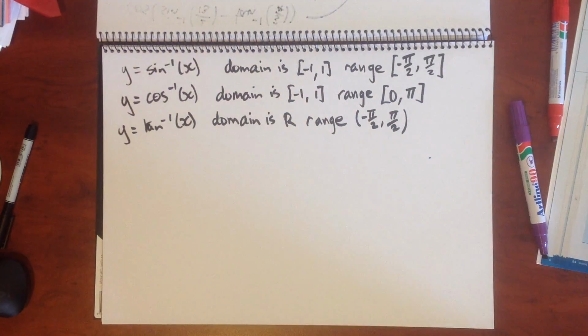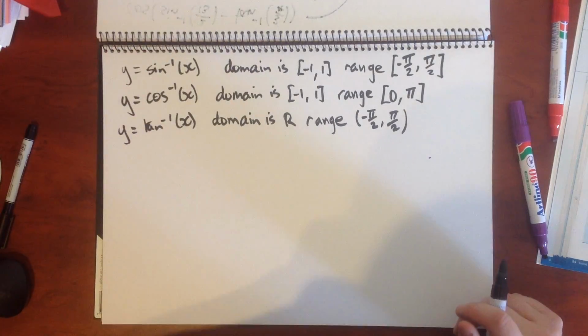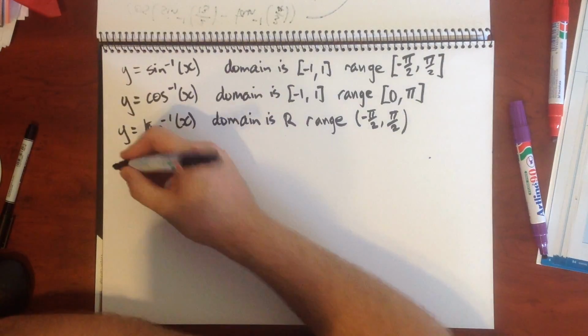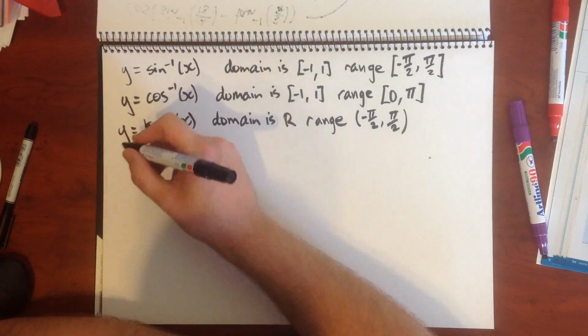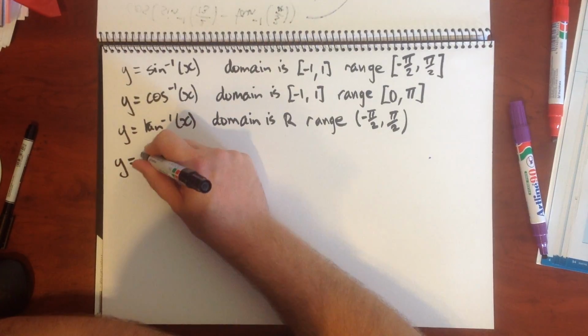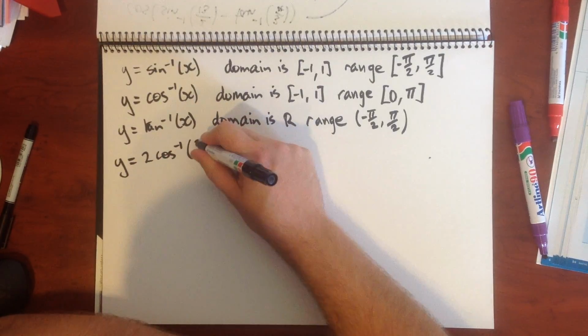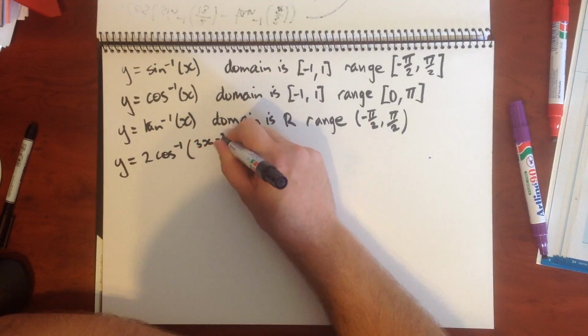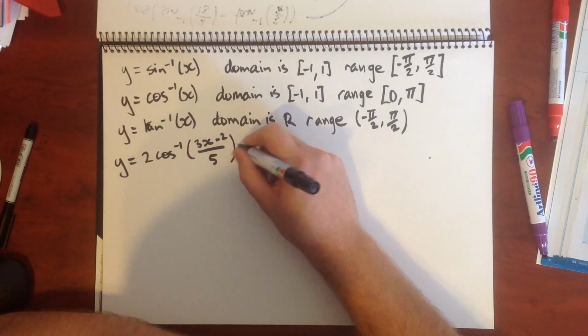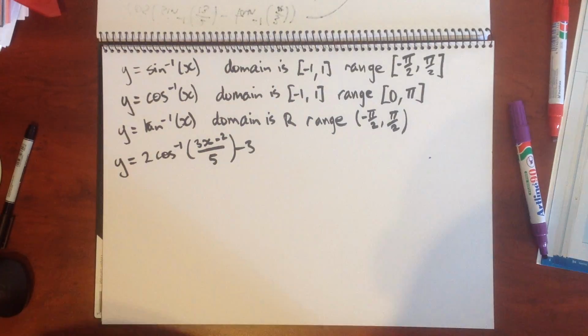So for our inverse trig functions that have been dilated or translated, we can apply these dilations and translations to determine the domain and range of the transformed functions. So we'll just do one last worked example, which is state the domain and range of y equals 2 inverse cos of 3x take 2 on 5 take 3.